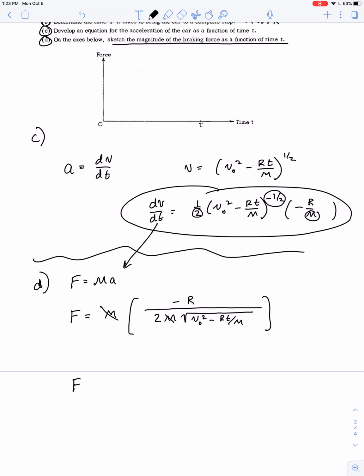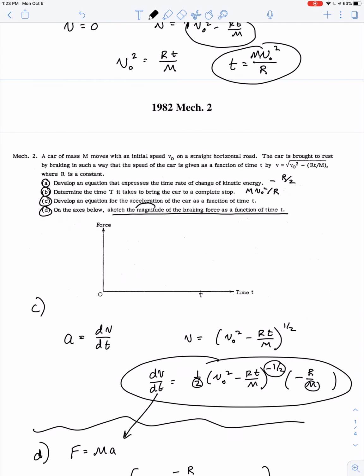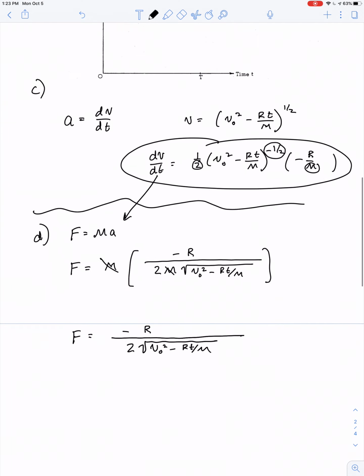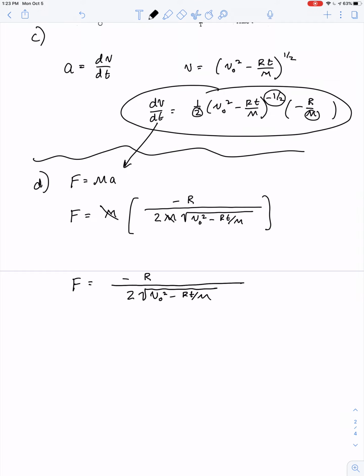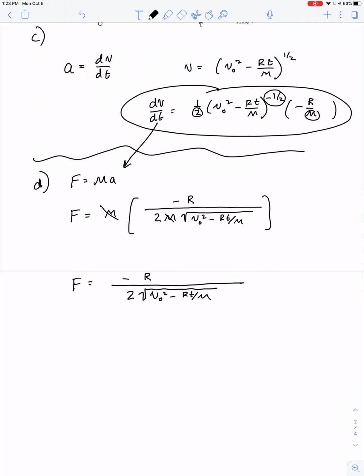So the force would be equal to negative r divided by 2 times the square root of v naught squared minus rt over m. But careful, the question asks for the magnitude. So in that regard, we can ignore the minus sign.